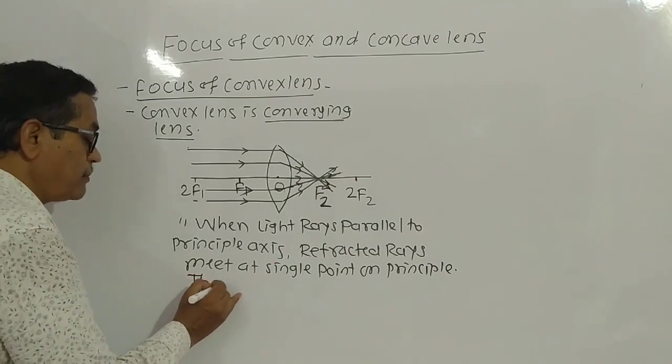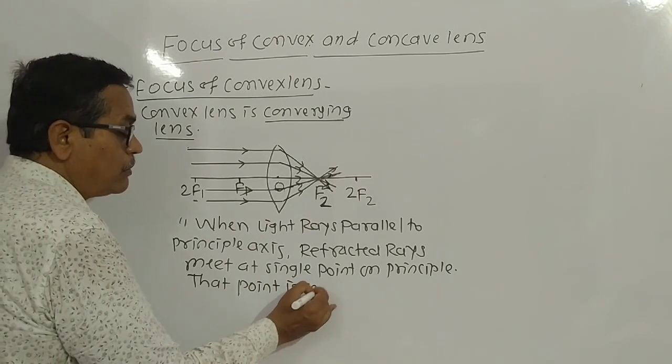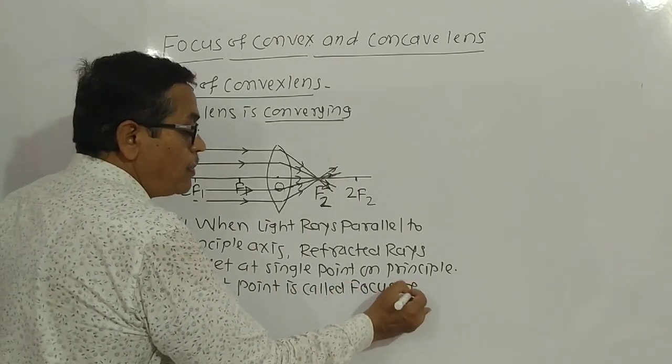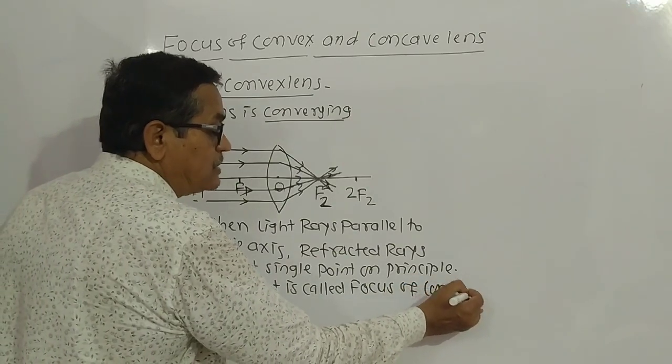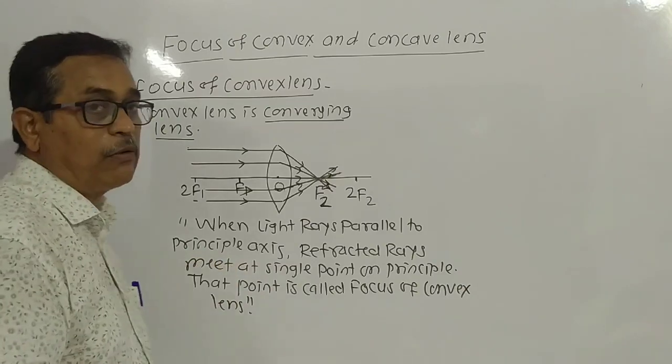That point is called the focus of convex lens.